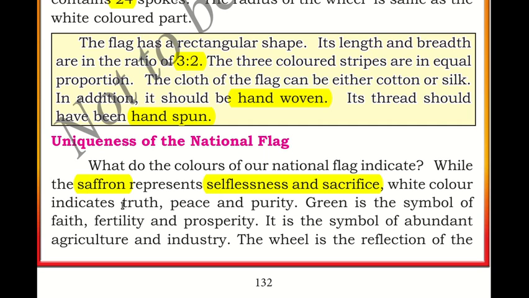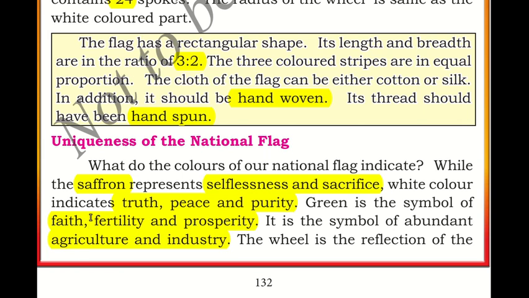White color indicates truth, peace and purity. Green is the symbol of faith, fertility and prosperity. It is the symbol of abundant agriculture and industry. So these are what each of the colors represent.